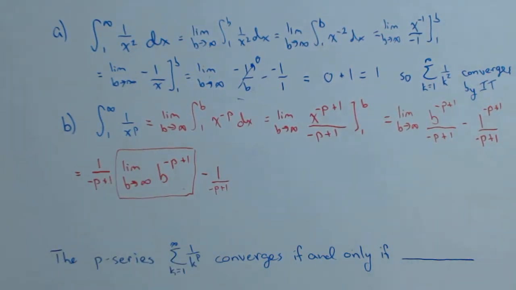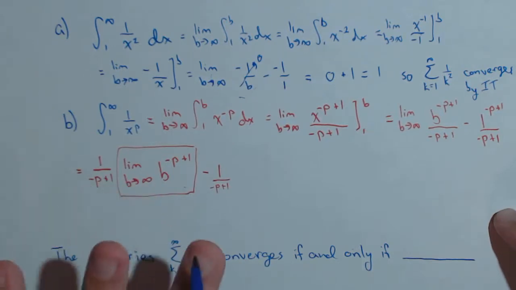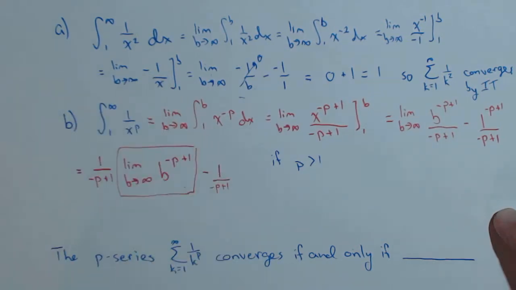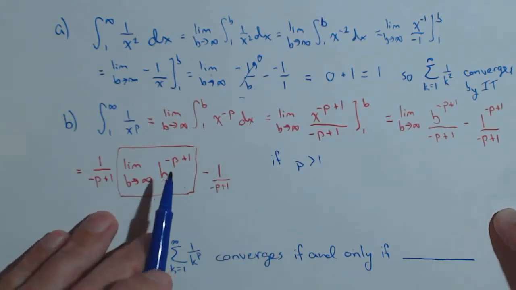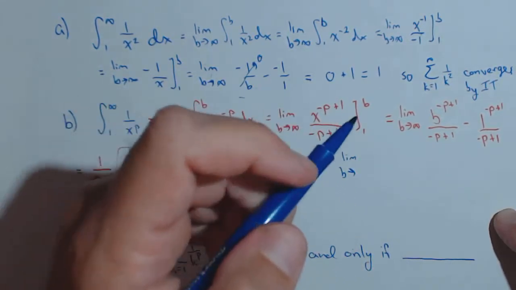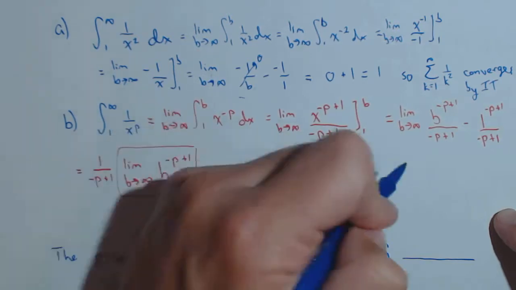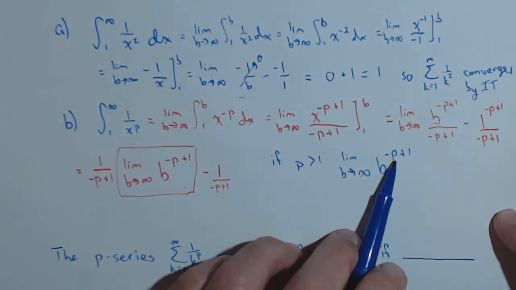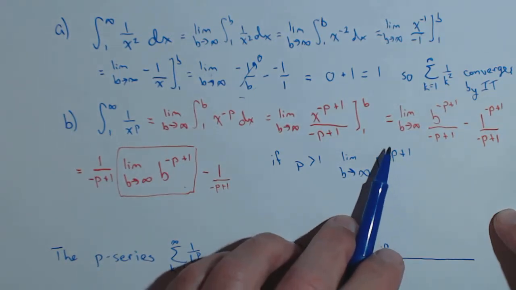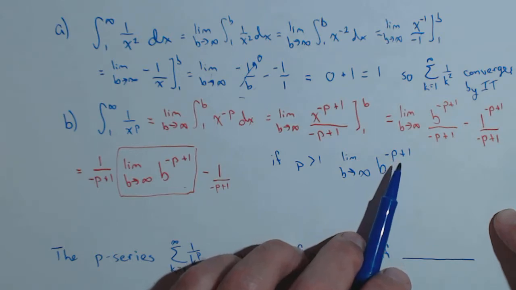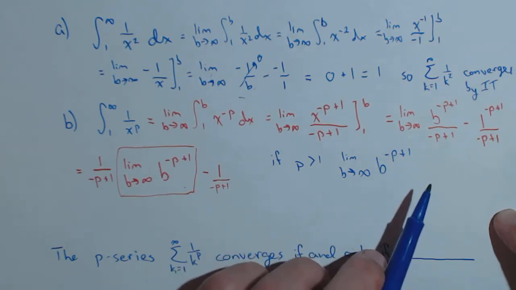Well, let's look at two cases. We know p equals 1 we're not concerned with. We already know that diverges. If p is greater than 1, let's see what happens. We have the limit as b goes to infinity of b to the negative p plus 1. If p is greater than 1, this is going to have a negative exponent. It's going to be b to some negative exponent, which we could rewrite as 1 over b to some positive exponent.